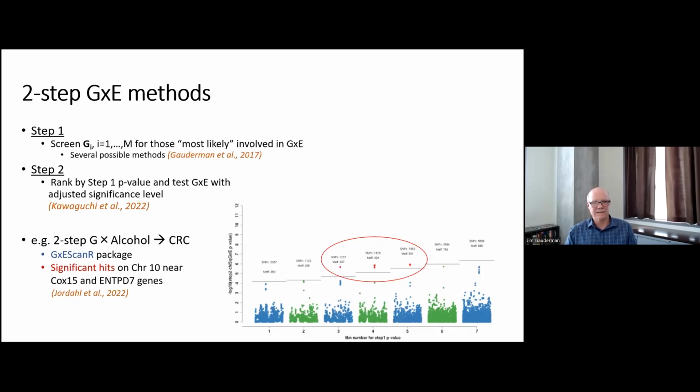So the basic idea is to screen on SNPs that are most likely involved in interactions, rank them based on their step 1 p-value, and then look at significance in step 2 for an interaction test with differing significance levels that take step 1 into account and use that information. So when we do that with the alcohol example, we go from seeing nothing statistically significant to seeing an interesting region in the COX-15 and ENTPD genes on chromosome 10.